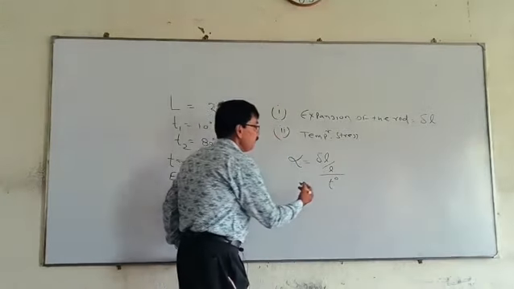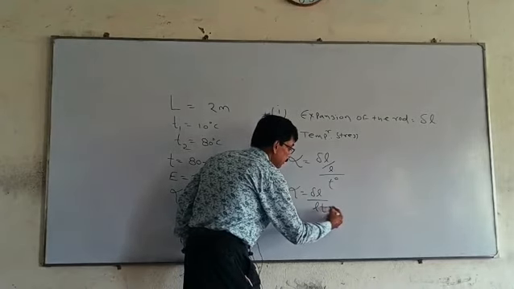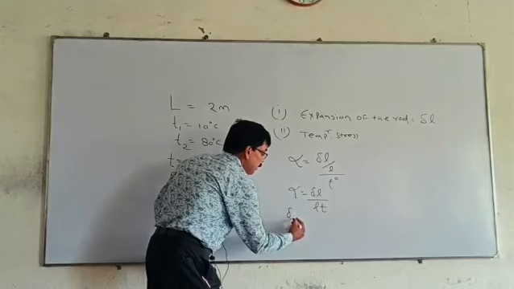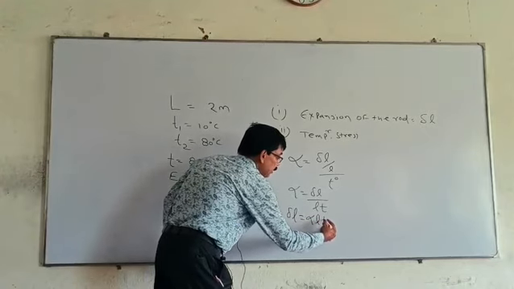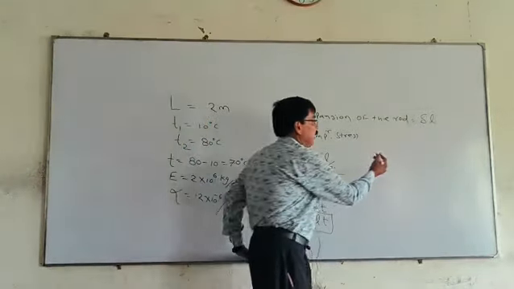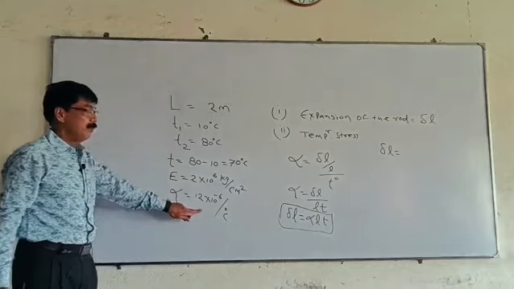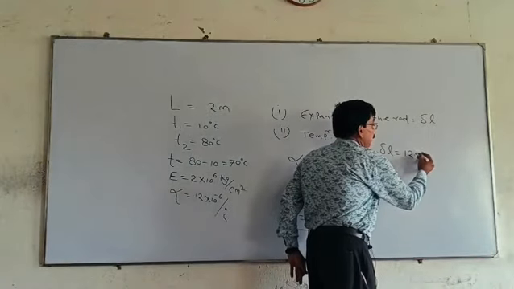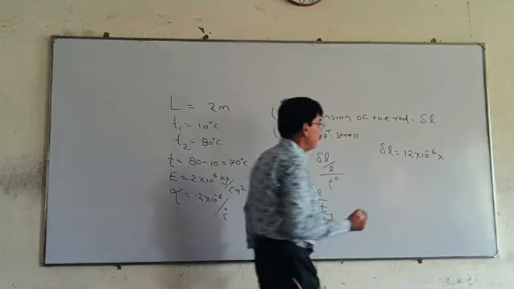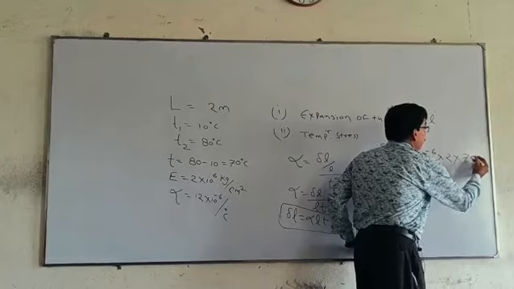So alpha is equal to delta L by LT, or delta L is equal to alpha into L into T. Putting in the values, delta L is equal to 12 into 10 to the power minus 6 into L, the length of the member, 2 meter, into T, that is 70 degrees.